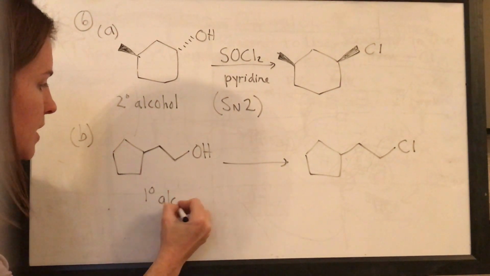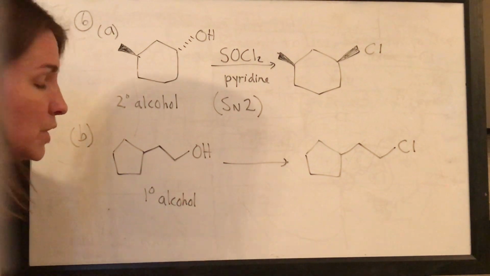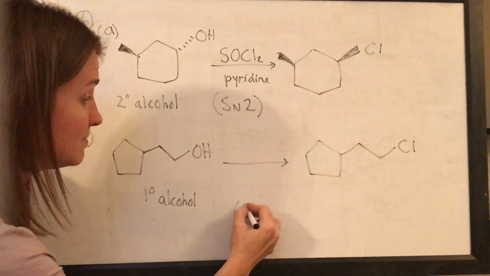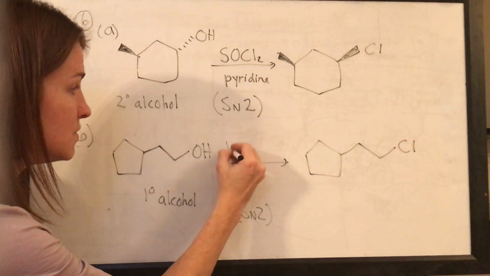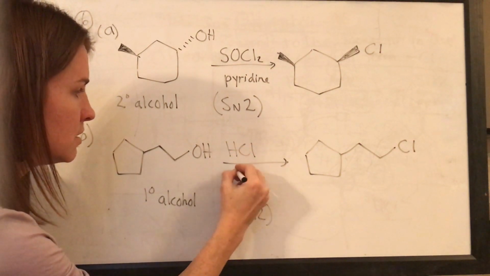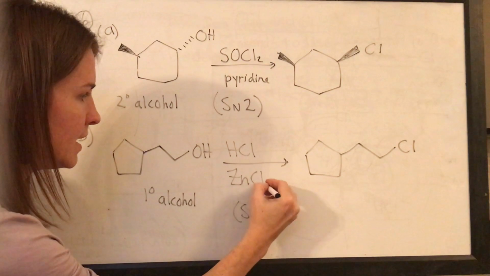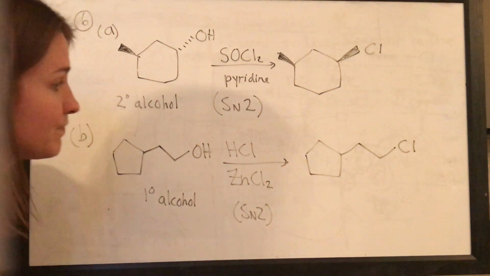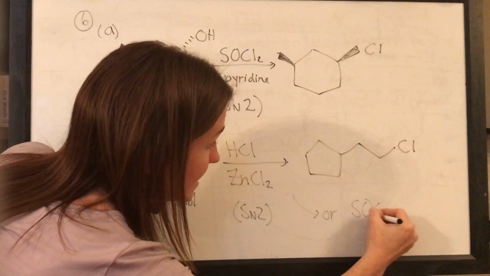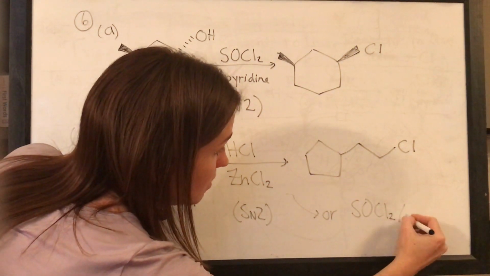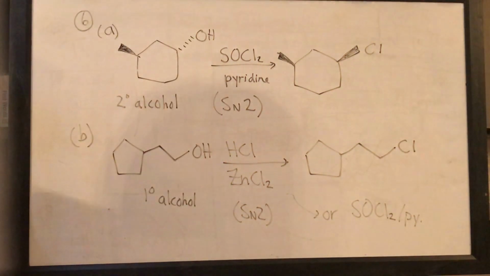Because this is a primary alcohol, we're going to proceed through an SN2 mechanism. So we have a choice of using HCl with a little bit of zinc chloride as our Lewis acid catalyst, or we could have used the thionyl chloride again. That would work equally well. Thionyl chloride with pyridine. So we have two choices there.